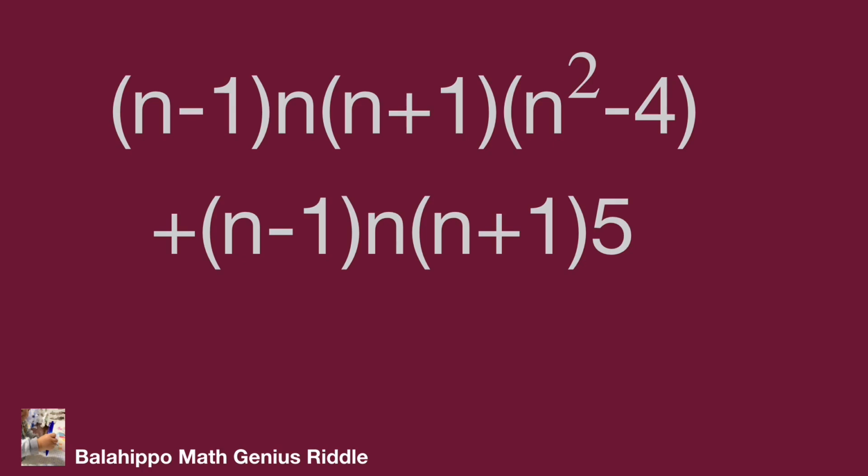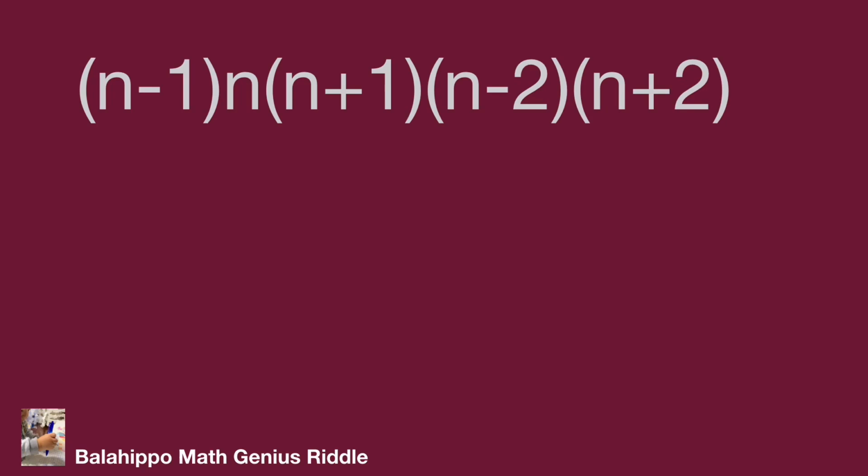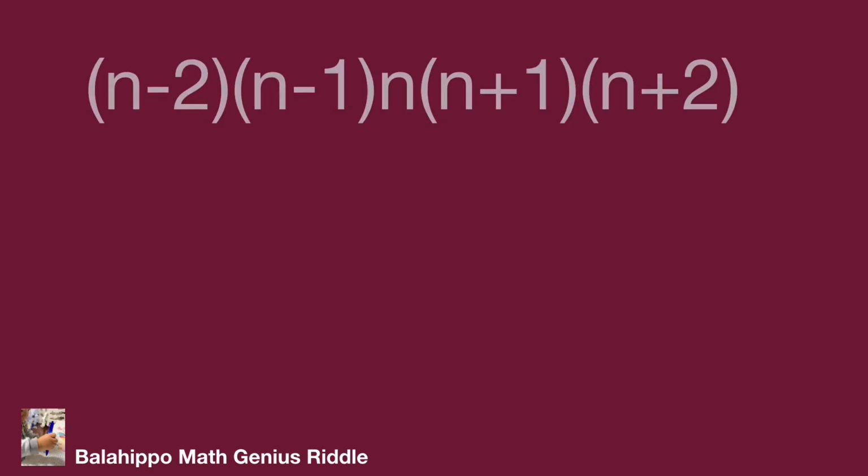Now we have to find the factor 10 in the first item. (n squared minus 4) equals (n minus 2) times (n plus 2). Then adjust the sequence as (n minus 2) times (n minus 1) times n times (n plus 1) times (n plus 2). These are consecutive numbers.